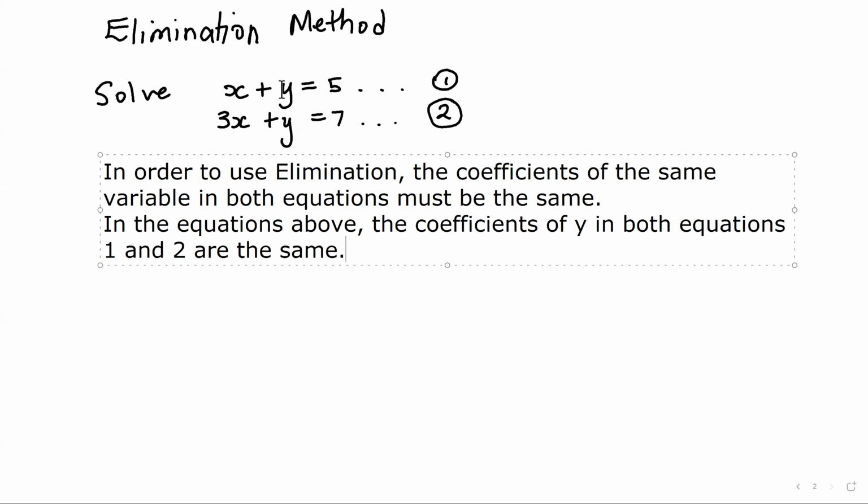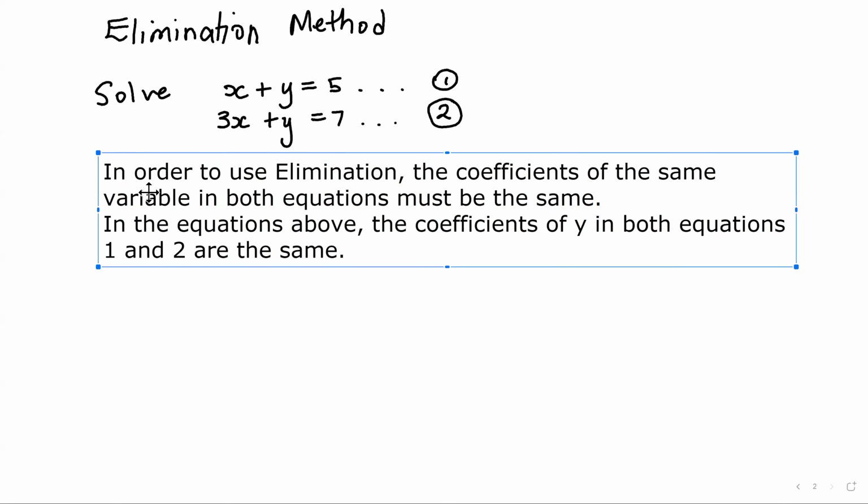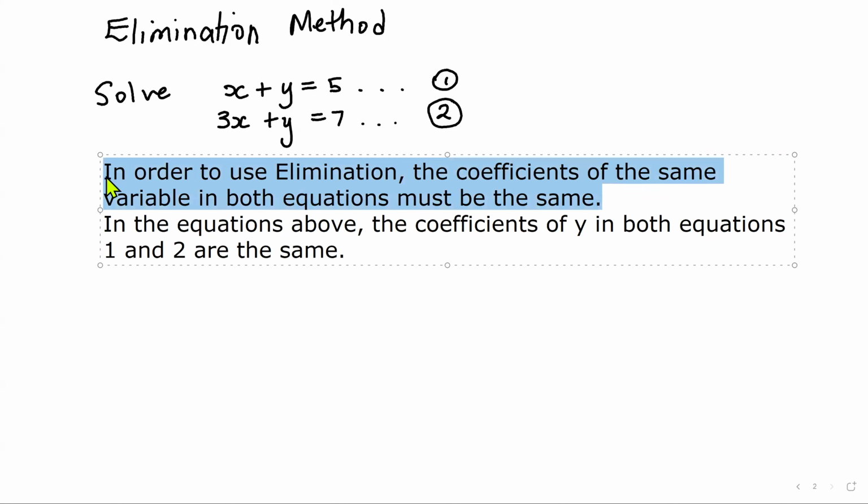It's 1. You have 1y here and you have 1y there. So the coefficients in both equations are the same, and therefore we can go ahead and use elimination, right? So the criteria to use elimination is that the coefficients have to be the same.